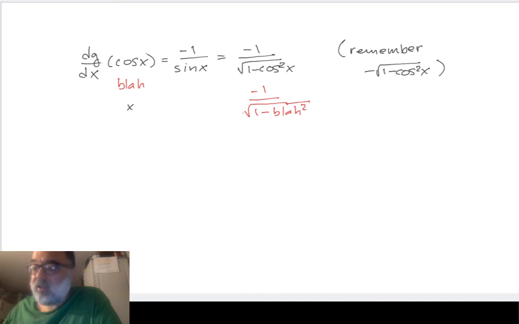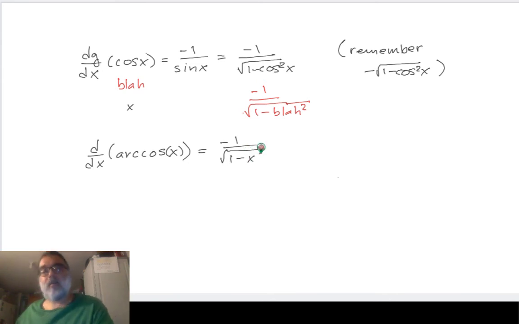So we're saying that the derivative of the inverse cosine is something completely non-trigonometric. Negative 1 over the square root of 1 minus x squared. So we have to try to verify this, okay? Because that's quite a claim.